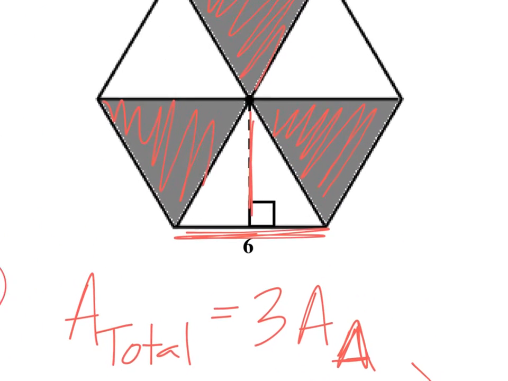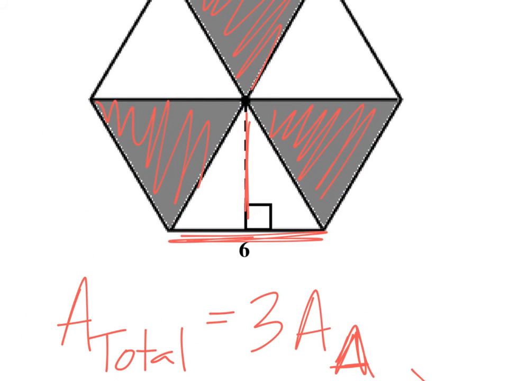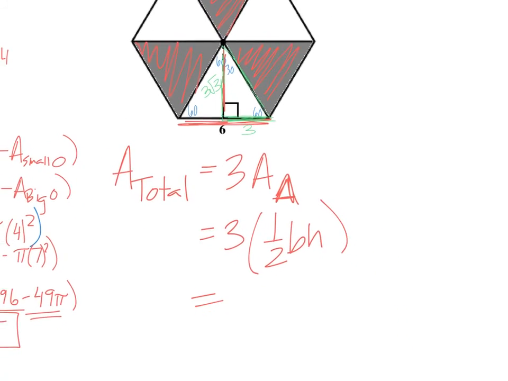All right, this is where you're going to have to think back to regular triangles. If it's regular, all these are 60, which means that's 30. So now just focusing on this triangle here. This part right here is 3, which means the height will be what? It's going to be 3 square root of 3.